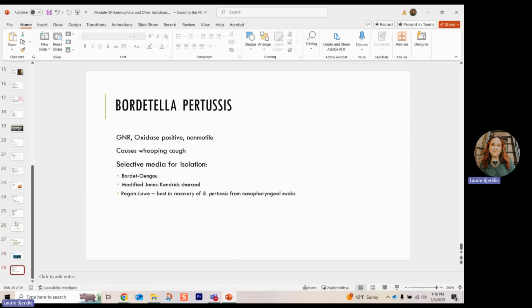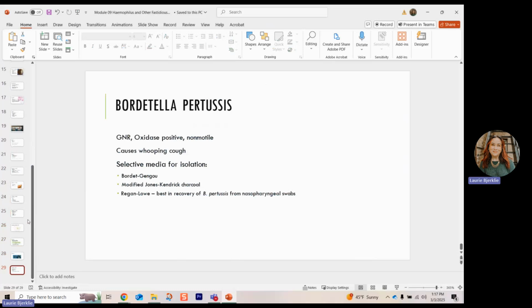And our last fastidious gram neg rod is Bordetella pertussis. This is what causes whooping cough. So we do have a vaccine, of course, to prevent against whooping cough. There are selective agars that you can use to grow it if you are suspecting whooping cough. So if somebody comes in and they're not vaccinated and they have that cough, there's a very specific cough, they have the symptoms, we would take a respiratory swab.